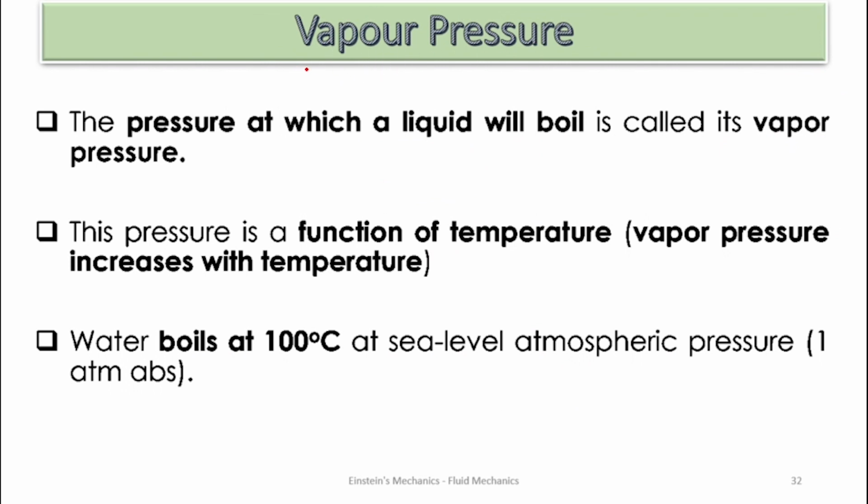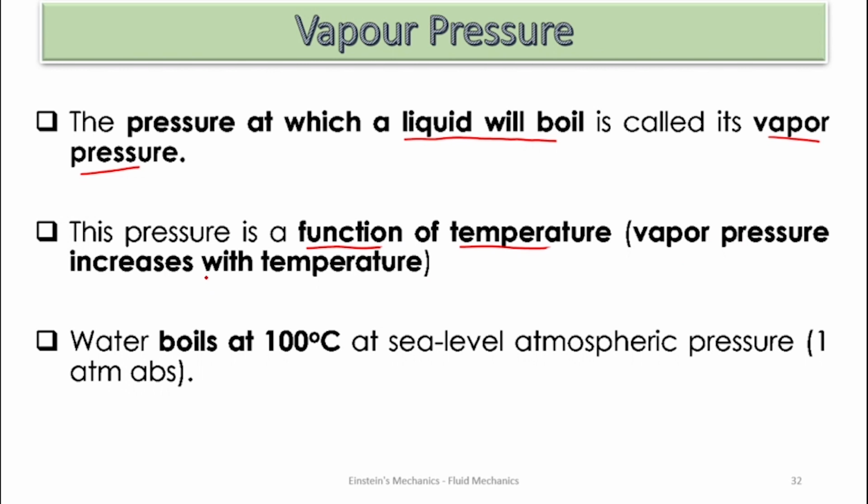Let's look at vapor pressure. What is vapor pressure? We also consider vapor pressure for fluids. The pressure at which a liquid will boil is called its vapor pressure. Very simple. So the pressure at which a liquid fluid boils is classified as the vapor pressure. And it is a function of what?